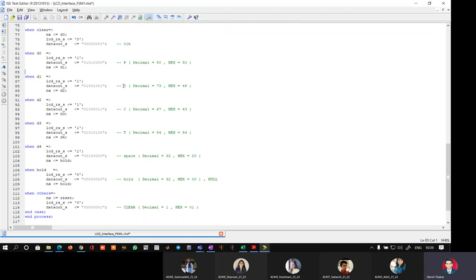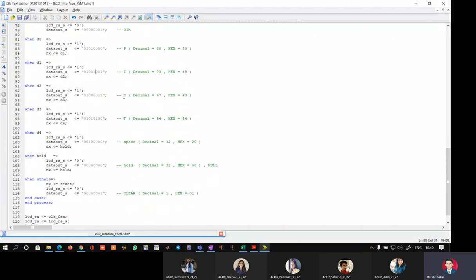Similarly, the second character I want to display is I. I is 73 in the character table, and 73 corresponds to 49 hexadecimal. That is why for displaying the character I on the LCD display, I have written 0100, that is 4, and 9, 49. Similarly, the character C has a character value of 67, and 67 corresponds to hexadecimal 43.